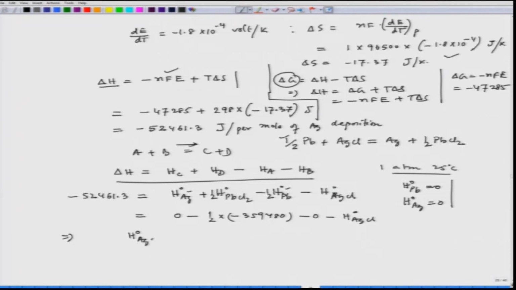H0 of AgCl would be equal to, which is nothing but the formation enthalpy.